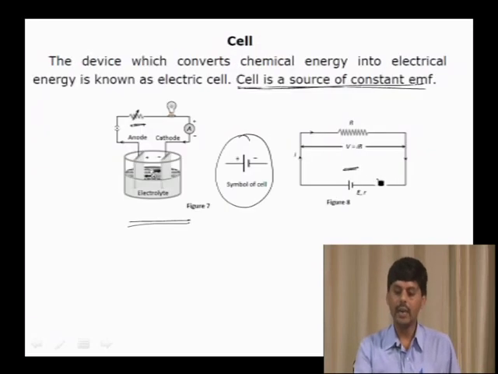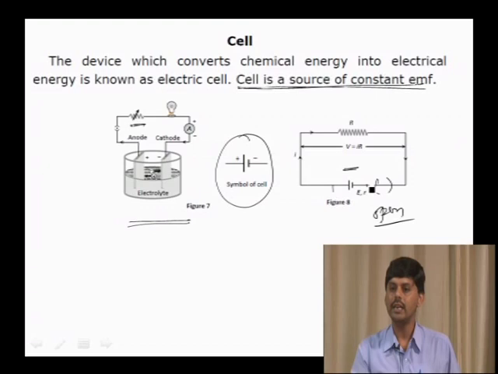Here we have a key, which is open. If you measure the potential difference across the terminals of the cell, it gives the EMF of the cell. EMF can also be defined as the amount of work done to transfer one coulomb of charge from one terminal to the other terminal of the circuit.